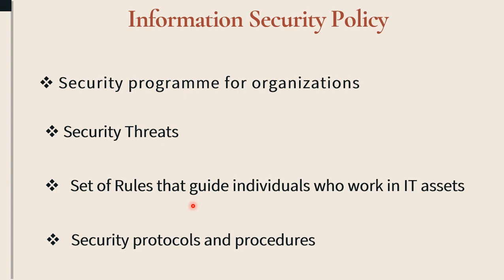There are some security protocols and procedures. The organization needs to chalk out these security protocols and procedures. They need to write down what the protocols are, and determine what security protocols and procedures are required to be followed to maintain the safety and security of the information.